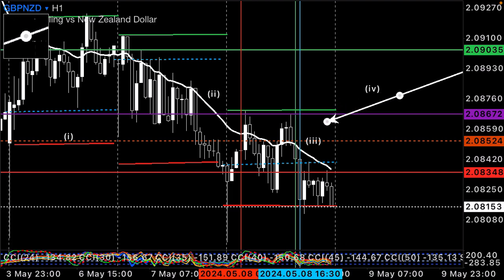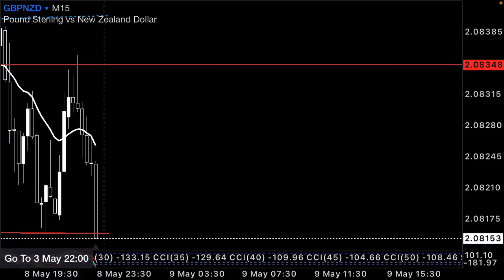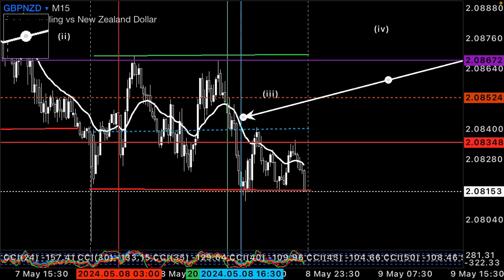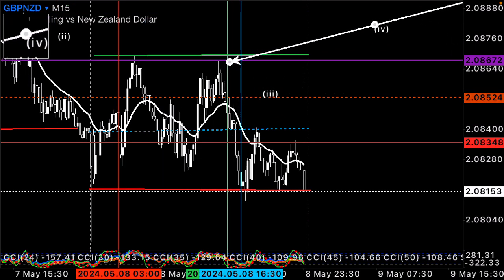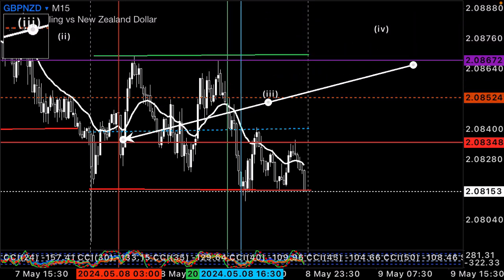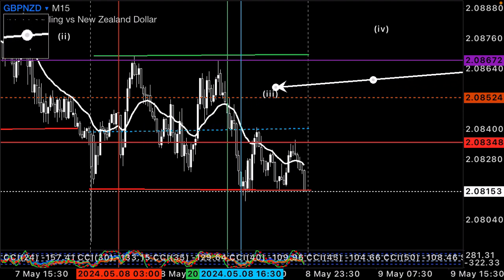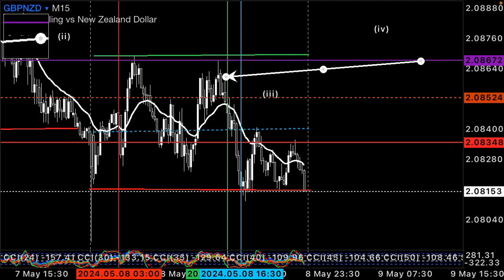Go down to the 5-minute chart. Actually, we should be on the 15-minute chart now. So here it is. Here's day 3, Roman numeral 3 in the parentheses.